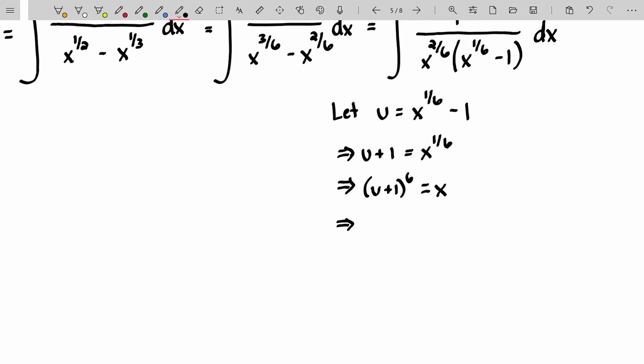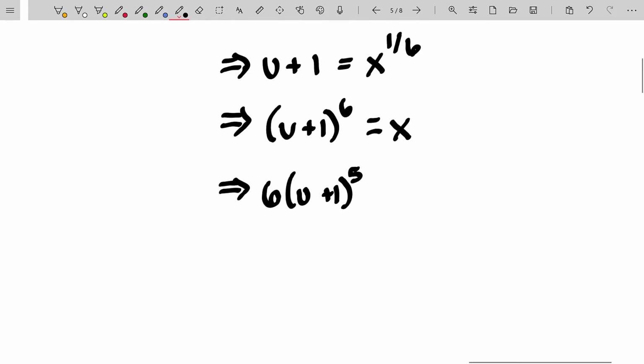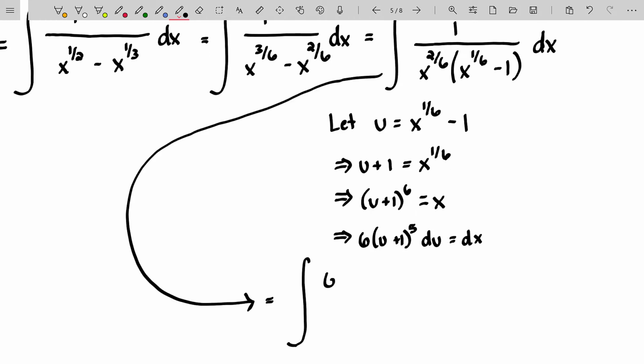So when I take the derivative of the left-hand side, I get 6 times u plus 1 to the 5th. The derivative by the chain rule of the interior is just going to be 1 and then du. And the differential of the right-hand side is just dx. Now all I need to do is substitute that into our integral. The dx gets traded out for a 6 times u plus 1 to the 5th du.